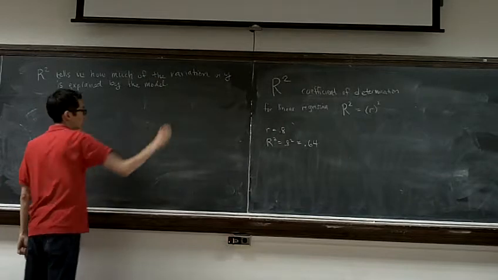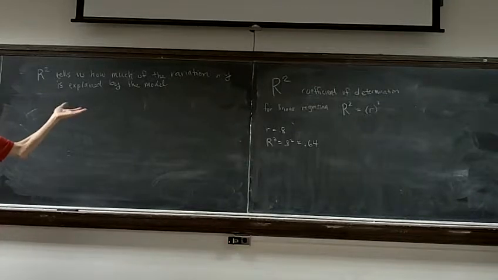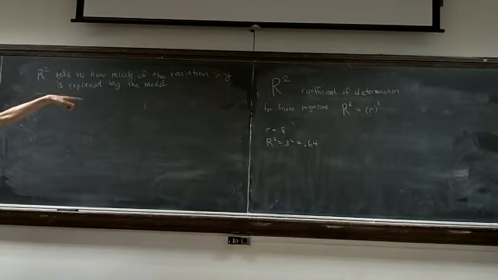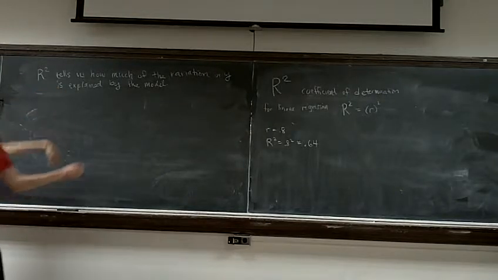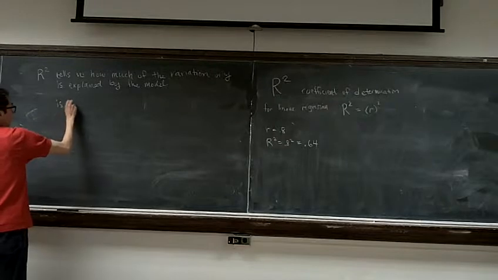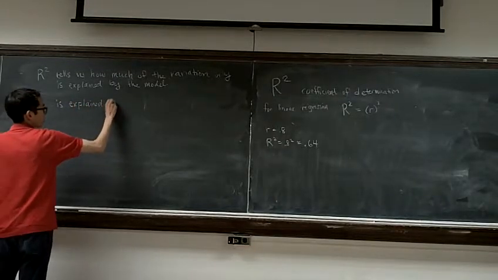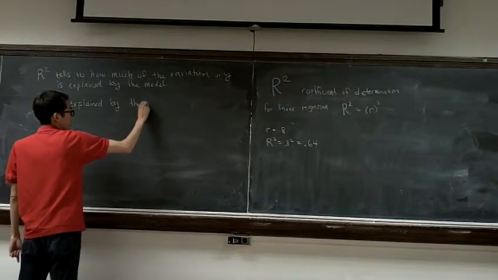And for linear regression, there's only one other variable in the model, which is x. So it tells us how much of the variation of y is explained by the variation in x.